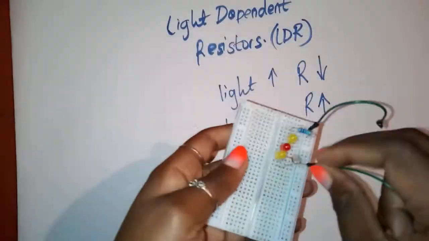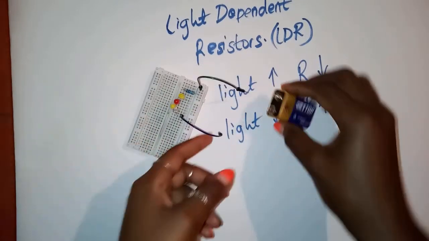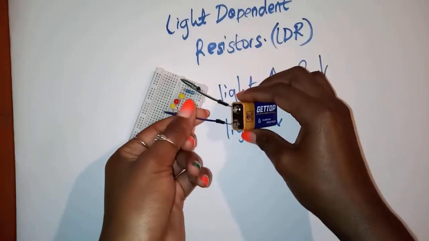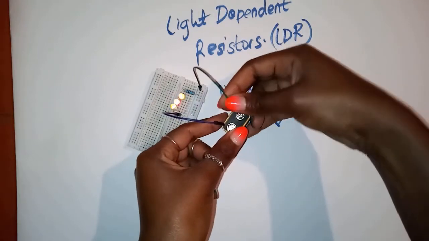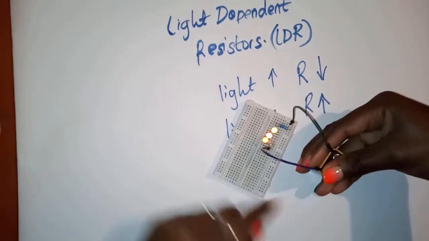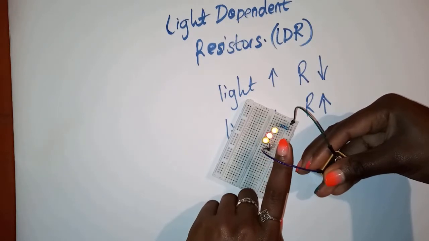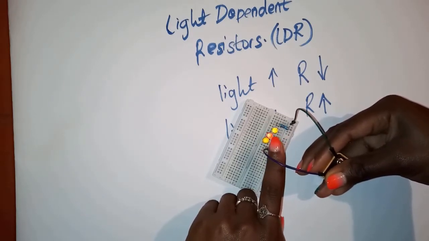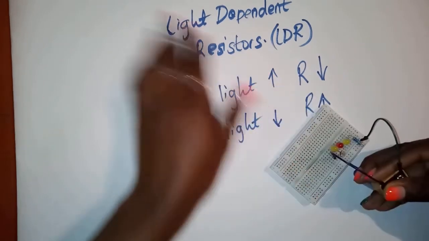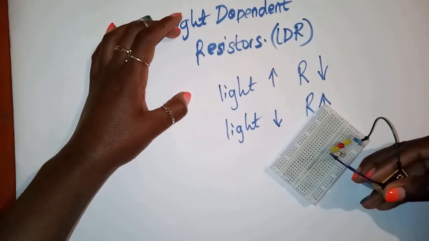Then we connect it to a power source just to demonstrate this concept. So when I close this, it dims, it brightens, dims, brightens. This is now the normal behavior of the light dependent resistor.